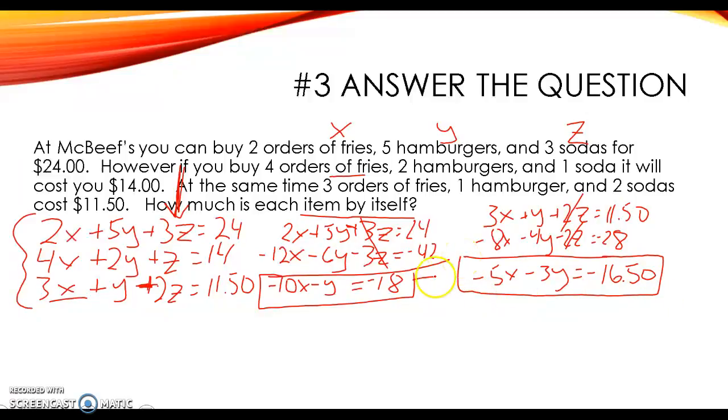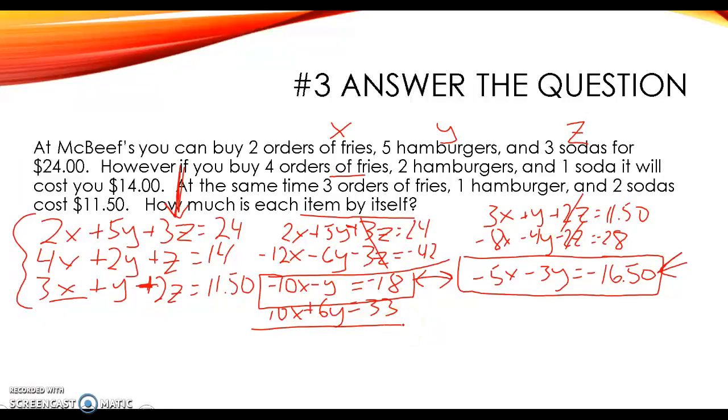And so now I'm going to use these two equations and see if I can either eliminate the x's or the y's. And actually, I think the easiest way to do this would be to take this equation here and multiply it times negative 2, because then I'm going to have a 10x plus a 6y, and 16.50 times negative 2 is going to be 33.